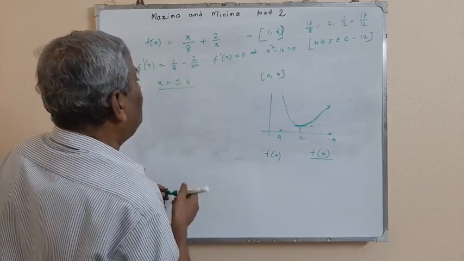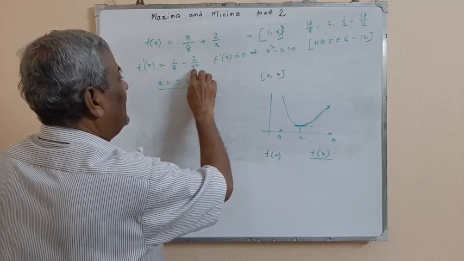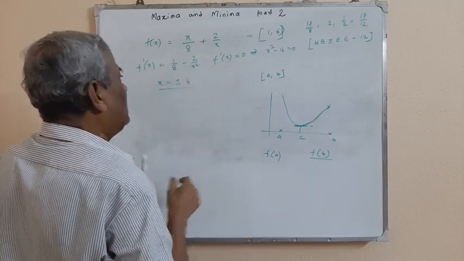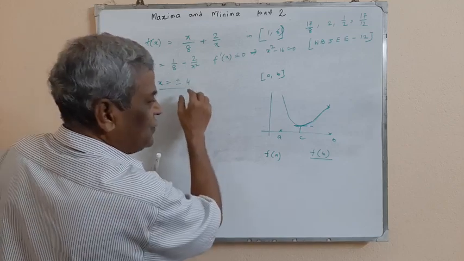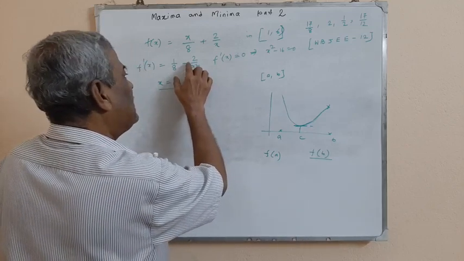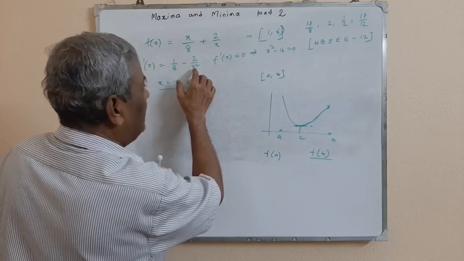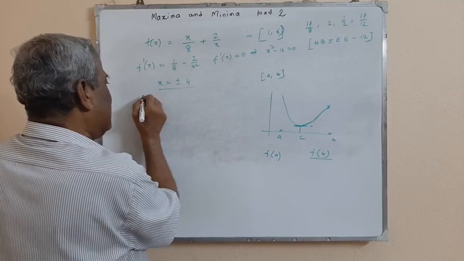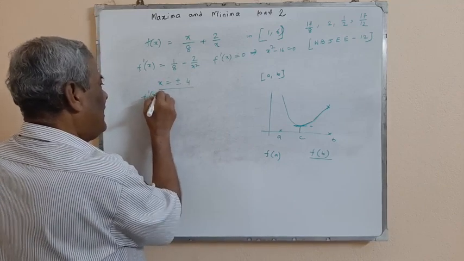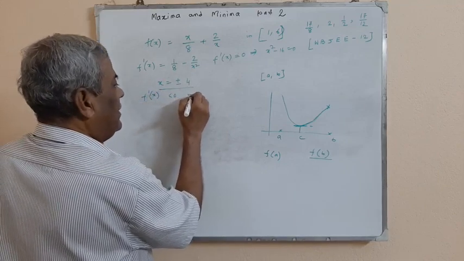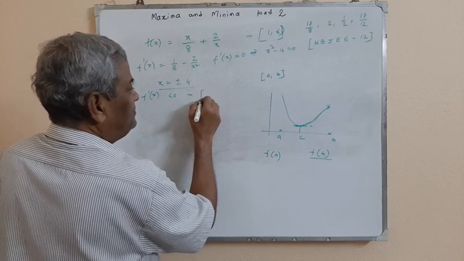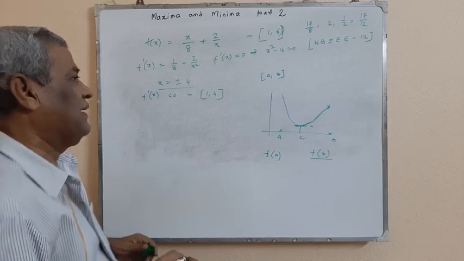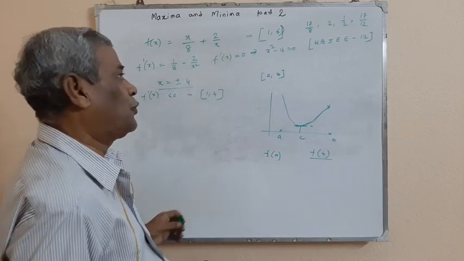At 4, f dash x is 0, and before that, at x is equal to 1 it is negative, at x is equal to 2 it is negative. So f dash x is negative for all values of x in 1 to 4. So the function is decreasing in the range 1 to 4.